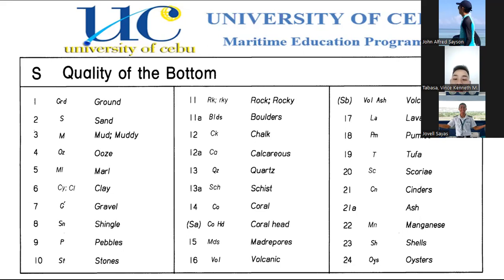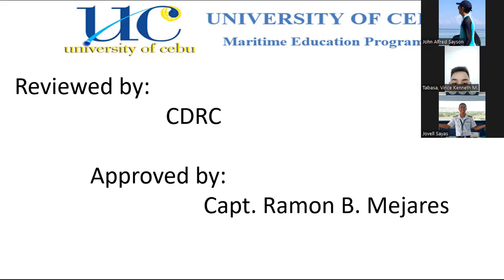SB, volcanic ash. 17, lava. 18, humus. 19, tufa. 20 is scoria. 21, cinders. 21A is ash. 22, manganese. 23, shells. 24, oysters. Next. So that's all for our reporting, sir.